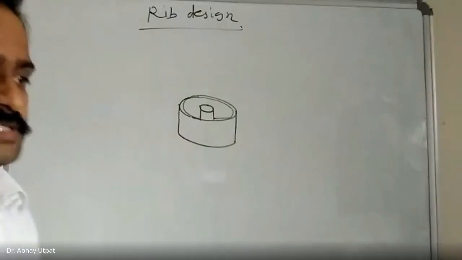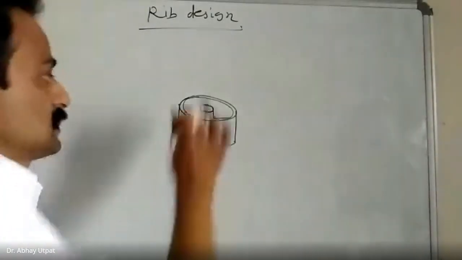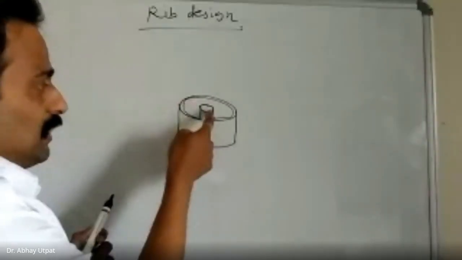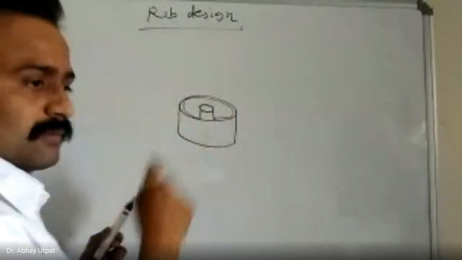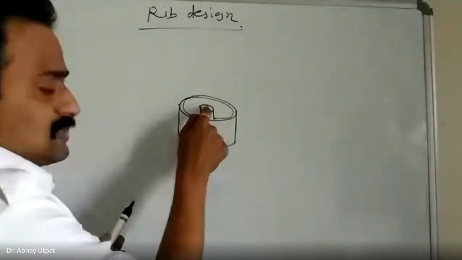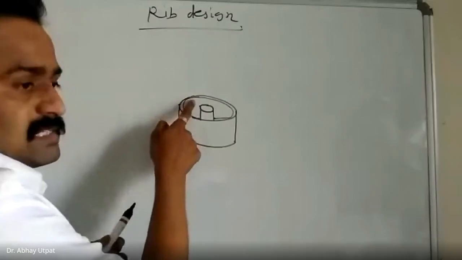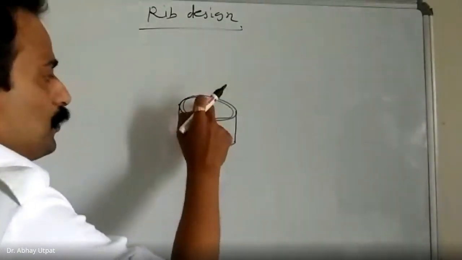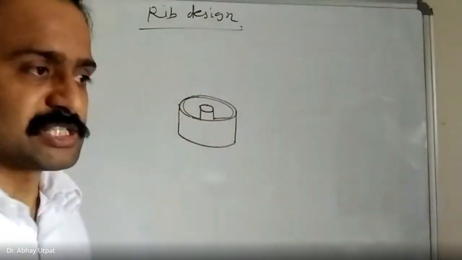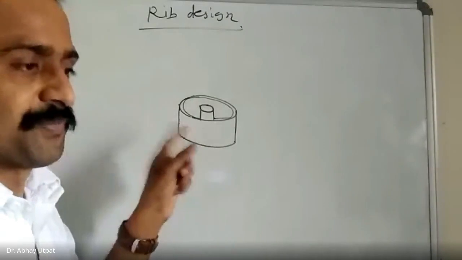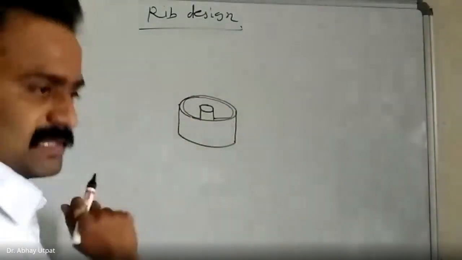Try to imagine this, wherever I put my finger here, this is a hollow part and this is the extended part in between. This is outer thickness, this is inside part, and here in between, this is a hollow part. Now, if you want to increase the strength of this bush, if you use this in this way, what will happen? Now I will modify this design. What will happen?